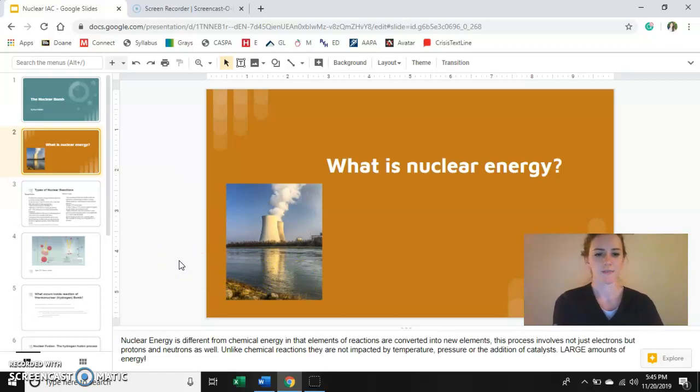Nuclear energy is different than chemical energy in that the elements of reactions are converted into new elements, so not just changing into different compounds, but new elements. This process involves not just electrons, but protons and neutrons as well, and in nuclear energy, neutrons are especially valuable in reactions. They're used to power chain reactions that drive the explosions we associate with nuclear energy.